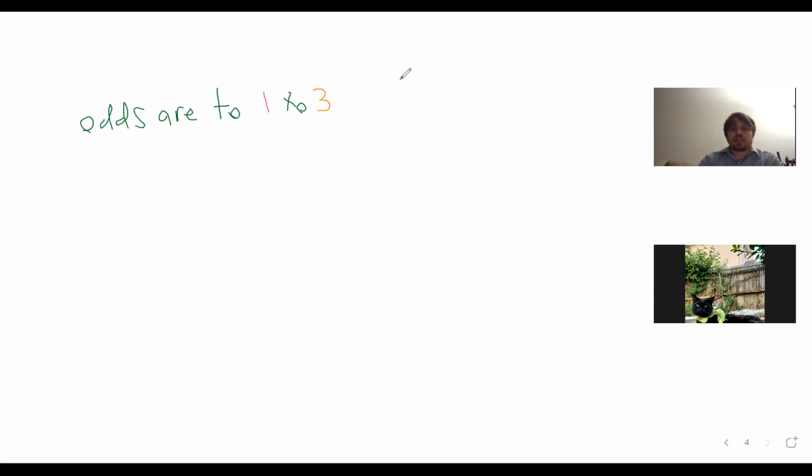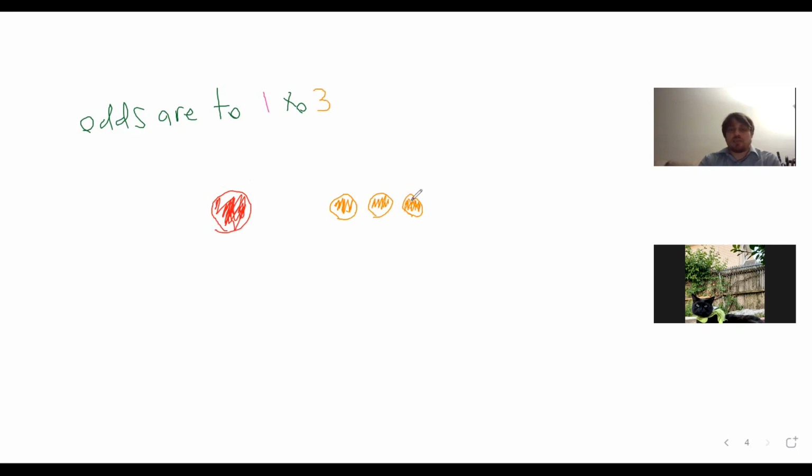If something were to happen, this event that you're talking about, this 1, let's say it happened once, and then let's say it didn't happen 3 times. That would be a visualization of what 1 to 3 means. Every time this thing that you're looking at happens once, correspondingly, it could not happen 3 times.